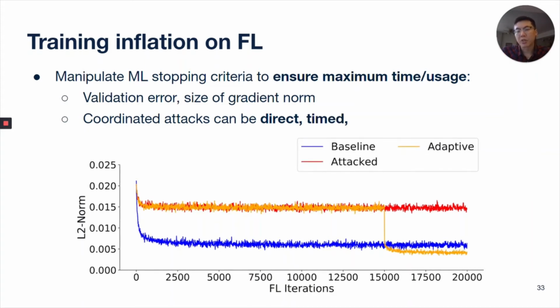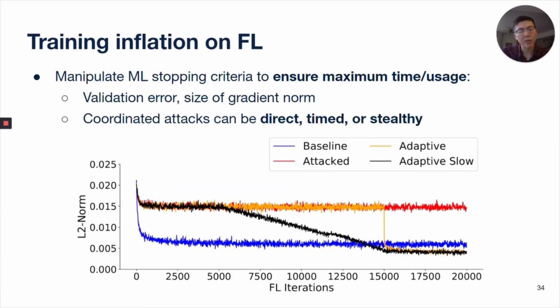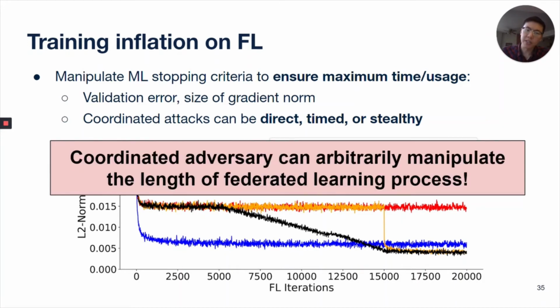Sybils could collude ahead of time and decide to stop performing this attack once they're satisfied with the duration of prolonging they have induced. Or this could be done more stealthily over a long period of time to avoid detection from a hypothetical defense. Regardless of the sybil strategy, a coordinated adversary has the ability to manipulate the length of the federated learning process and extend it with ease.